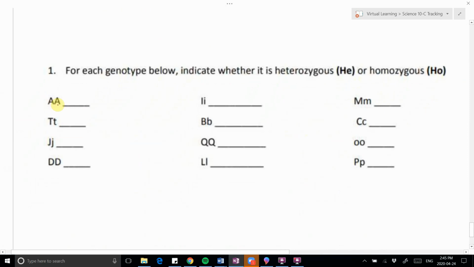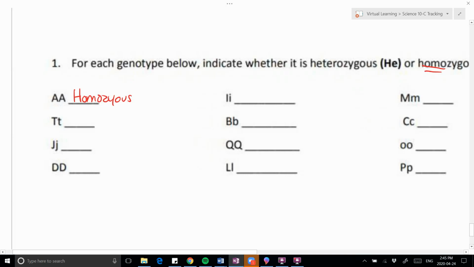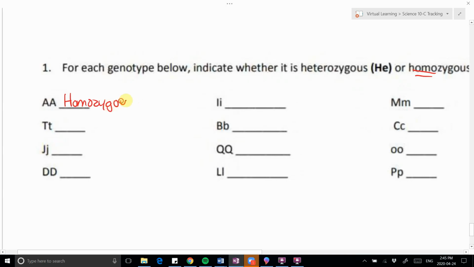So, two capitals. Are those the same or are they different? They're the same. So that means they are homozygous. And because they're homozygous, I spelled that wrong. Homozygous. Capitals means this is homozygous dominant.